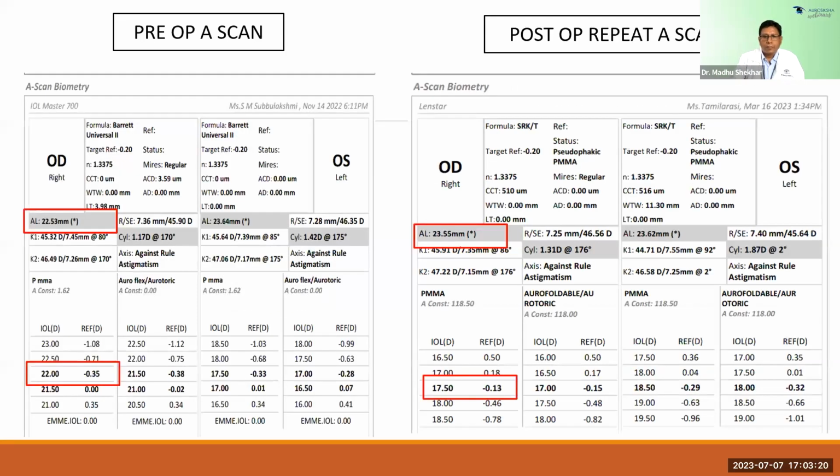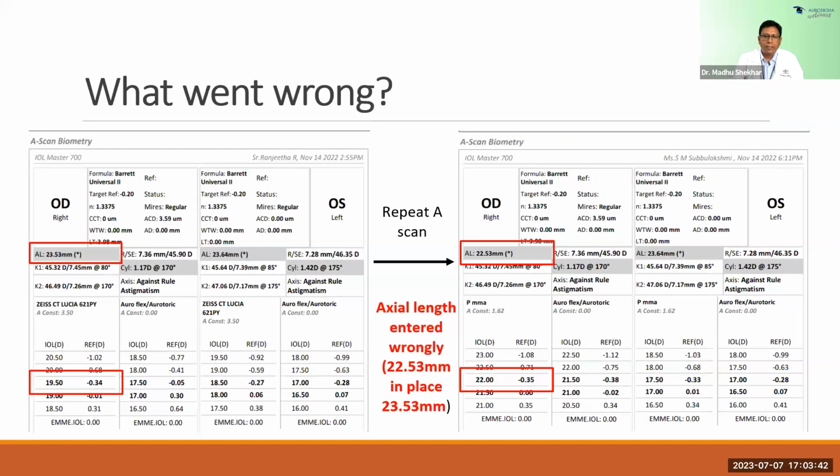In this case, the pre-op A scan was showing 22 diopter and 22.53 millimeter axial length. When we repeated the A scan of that patient, it was showing 23, almost 1 millimeter of difference, and the IOL power was showing 17.5. So what went wrong in this case?